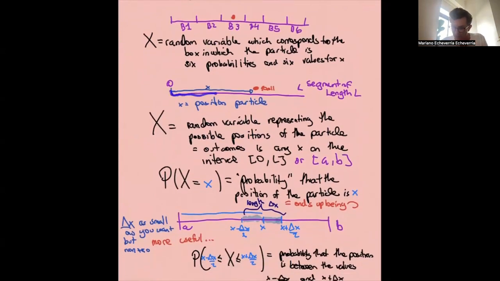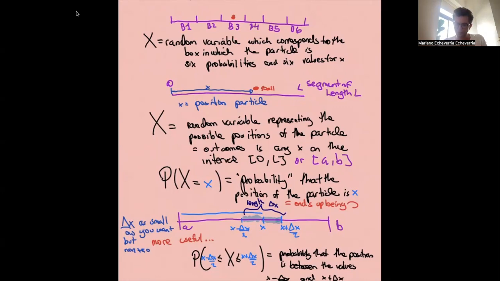The thing is, it didn't make a lot of sense per se to talk about the probability that the particle is exactly at a given number, or at a given distance, for example, from the origin. At least not for what we'll be most interested in. If you wanted to do that, you would need what's called a Dirac delta function.